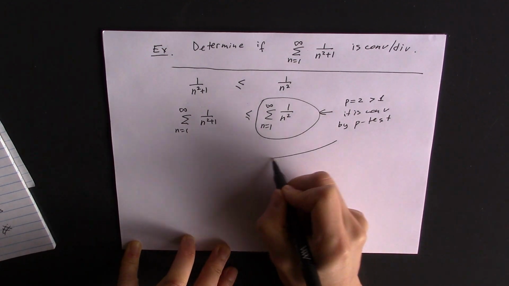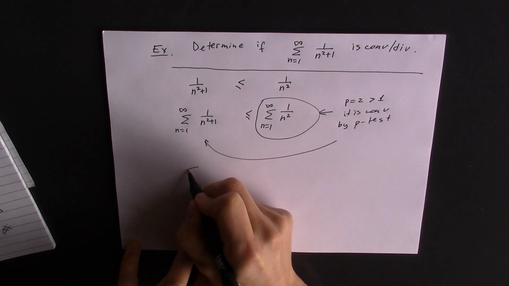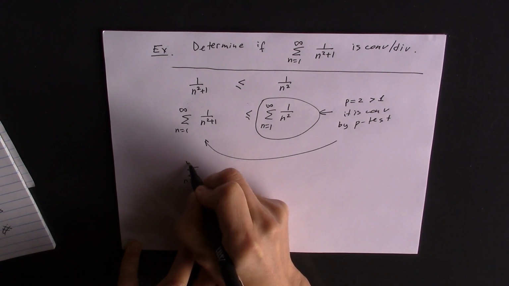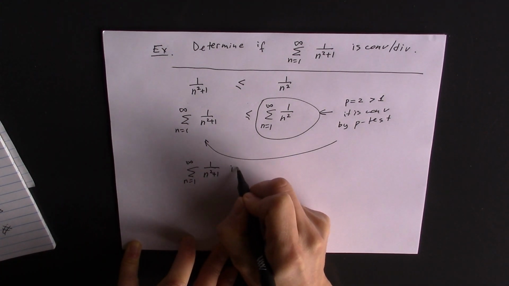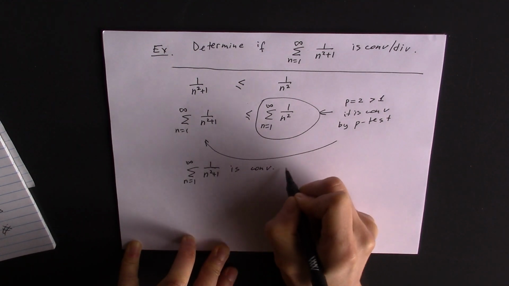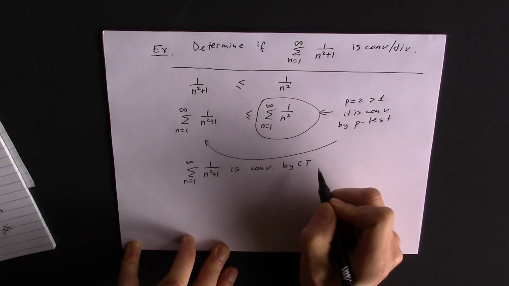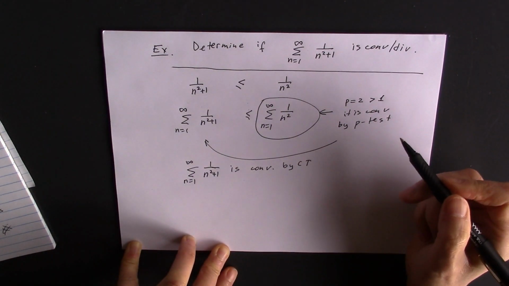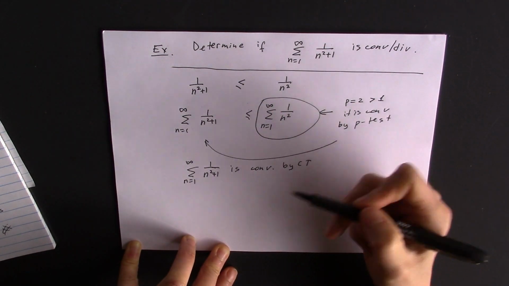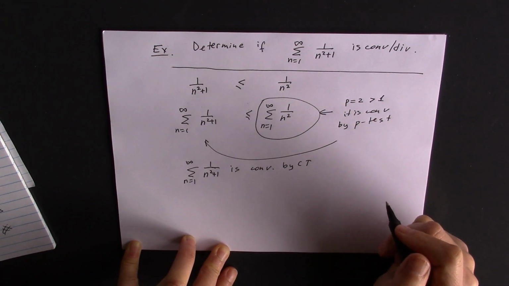So now we conclude that our original series 1 over n squared plus 1 is convergent by comparison test, because our original series is less than something which is convergent, less than a finite number, so it should better be convergent by CT.